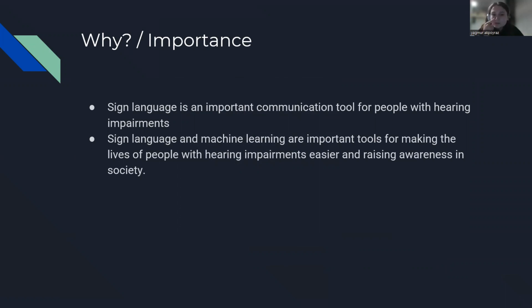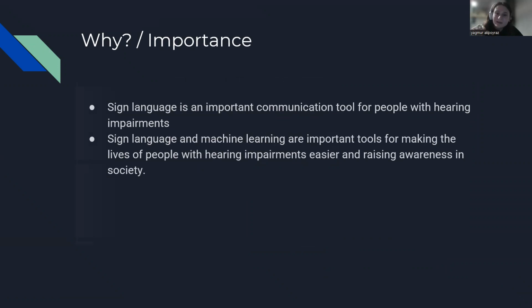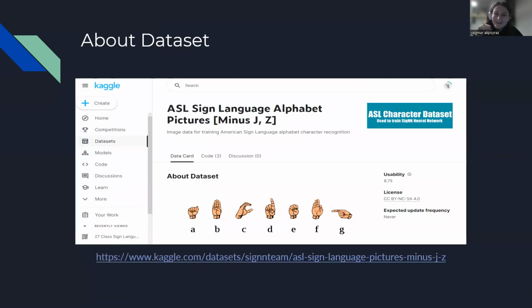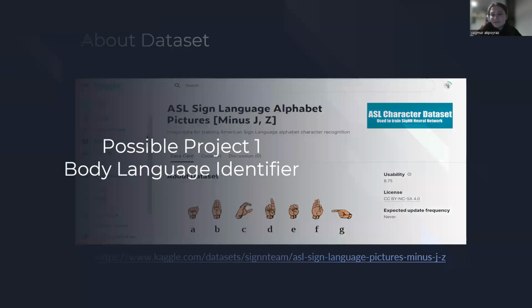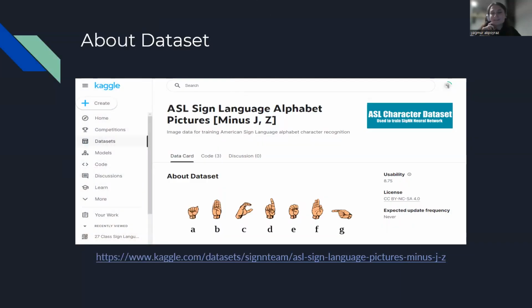I would like to see the Kaggle page. We will see that J and Z are excluded in this dataset. Because of the motion issue, let me show you.